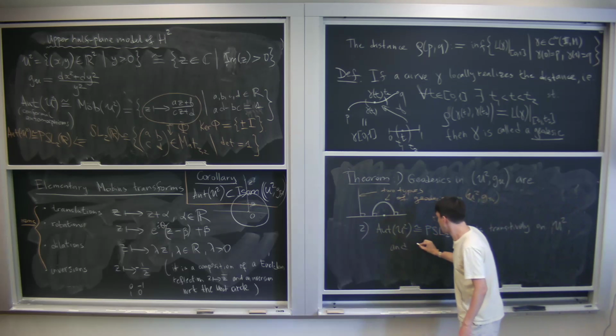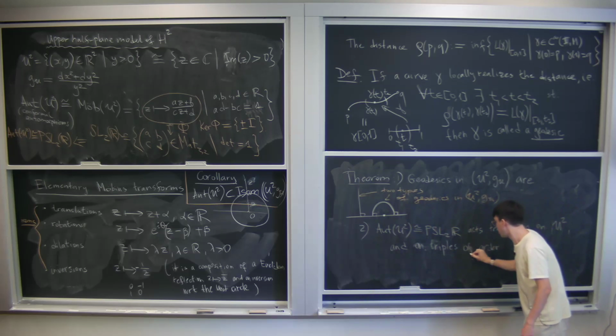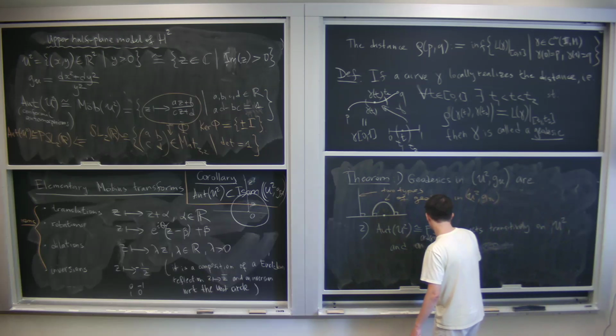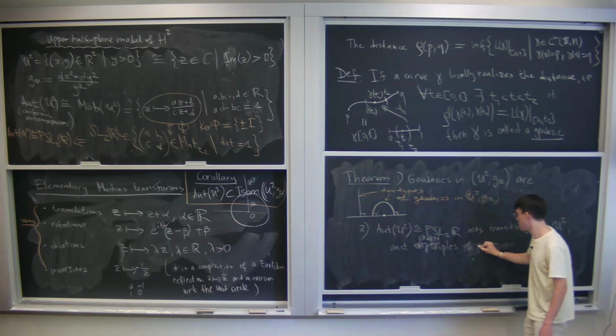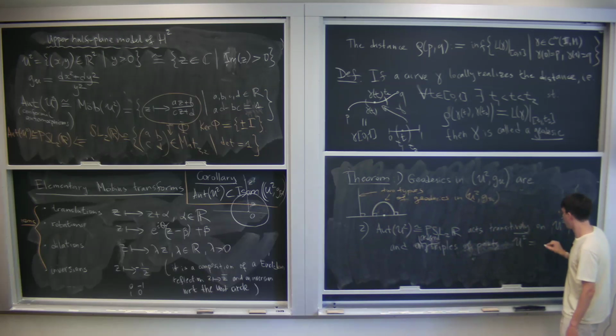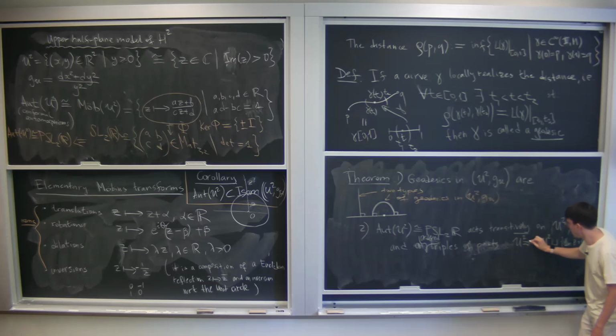In fact, this should have been mentioned first. It also acts transitively on ordered triples of points in the compactified U2 bar, which is not just U2 but also the axis, imaginary part of z equals 0, plus the infinite point.